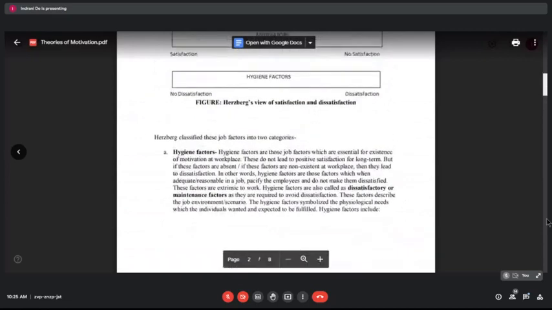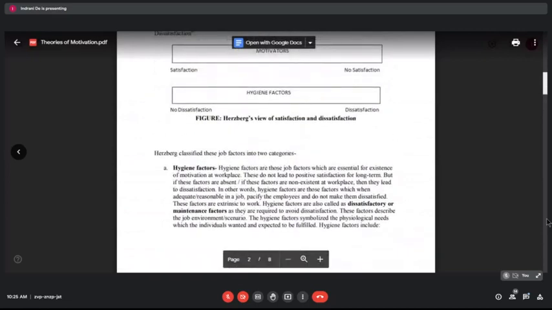No, it is not going to motivate me. These are the basic requirements. If they are present, we can avoid dissatisfaction. So these do not lead to positive satisfaction in the long term.